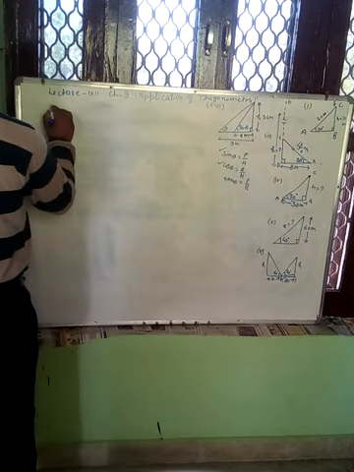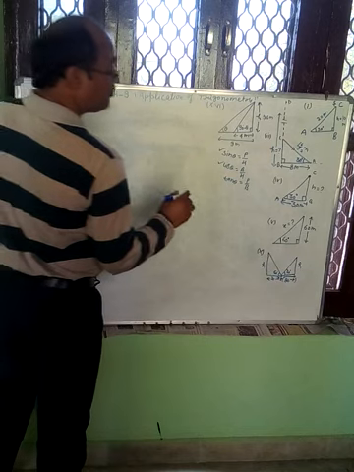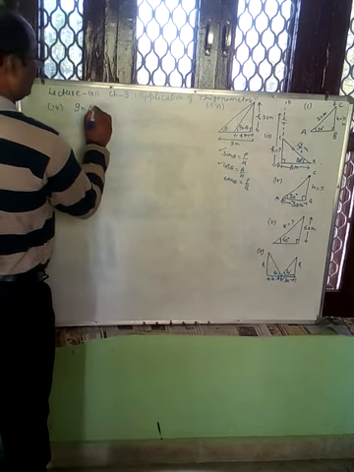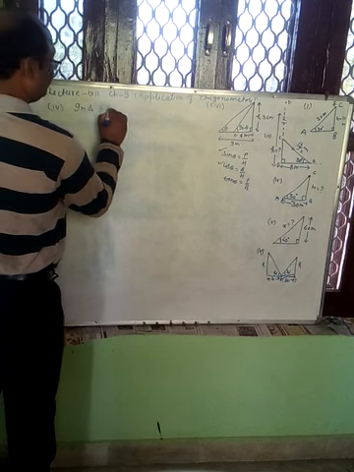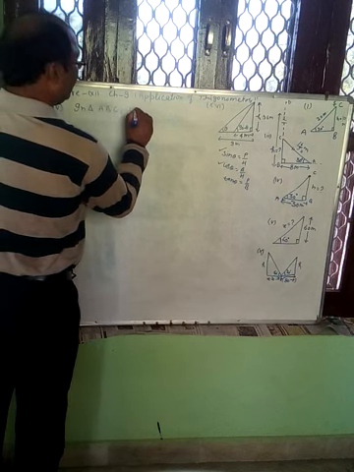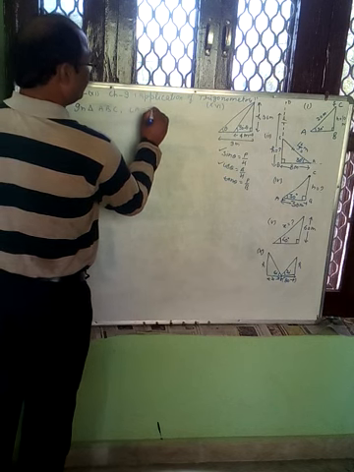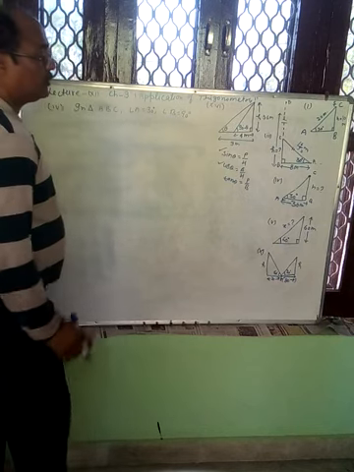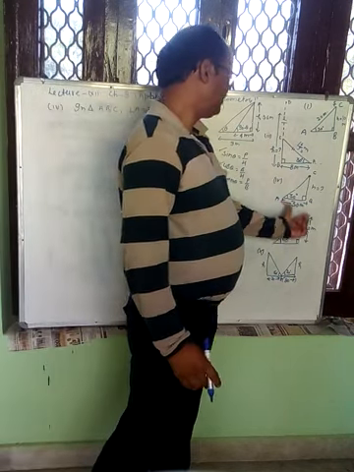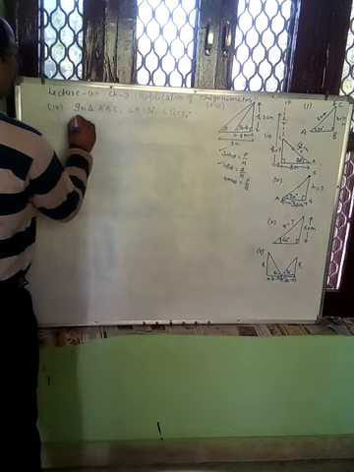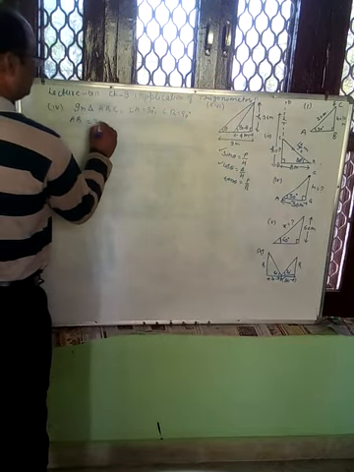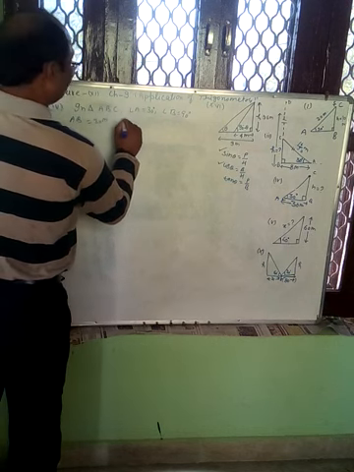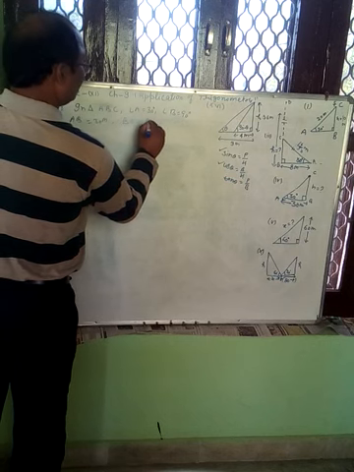Okay, now question number 4 is: in the triangle ABC, angle A is equal to 30 degrees, angle B is equal to 90 degrees, and AB is equal to 30 meter, and BC is equal to h.